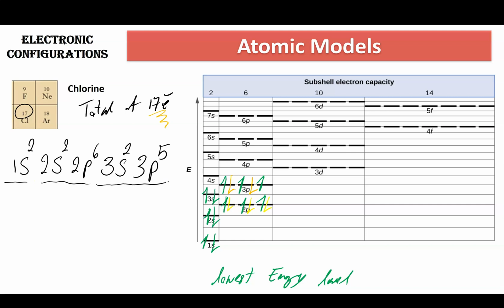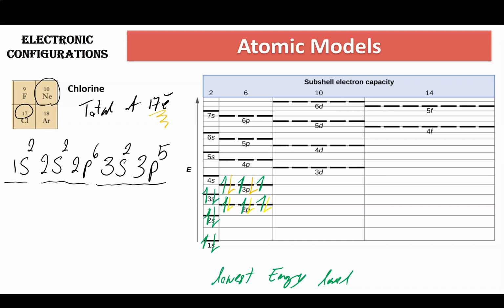So, in order to save time, what we can do is take advantage of the last complete noble gas in the periodic table before that element of interest. So for example, we know that the last element that has a full electronic configuration is neon.